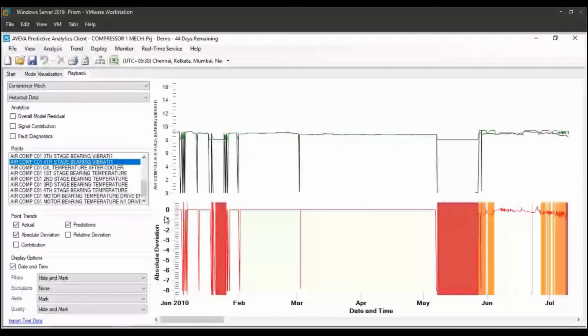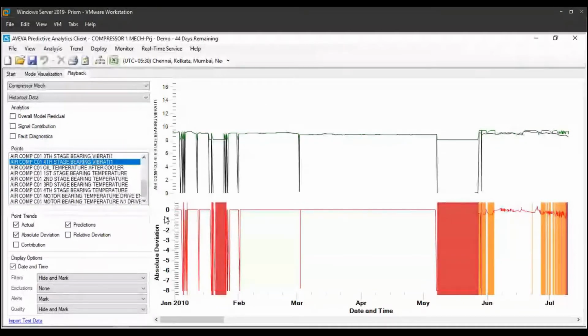The deviation can then mathematically be calculated either in percentage form or in absolute form. So for example, an absolute deviation of -4 will tell me that for that particular variable, the current value is 4 less than what it should have been. Again, a deviation is how much the current value differs from the ideal value that we taught the software.